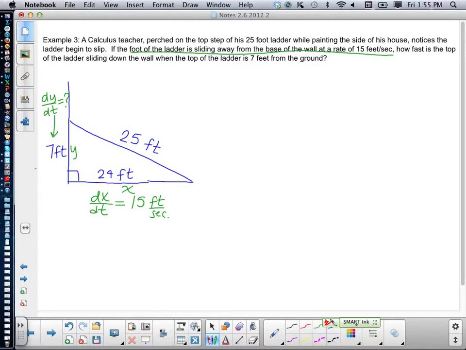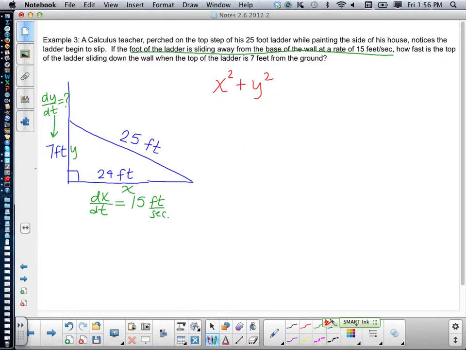So what do we have here? x squared plus y squared, right? The values x and y are changing throughout this whole problem. Agreed? How far down the wall the top of the ladder is, and how far away the bottom of the ladder is, this is all dynamic. That was the picture we saw a minute ago.